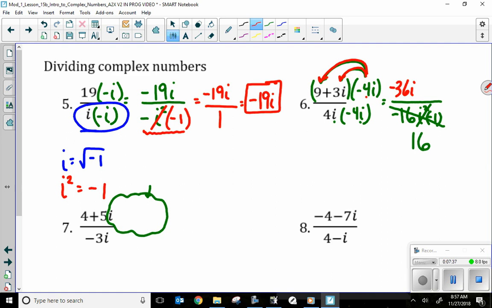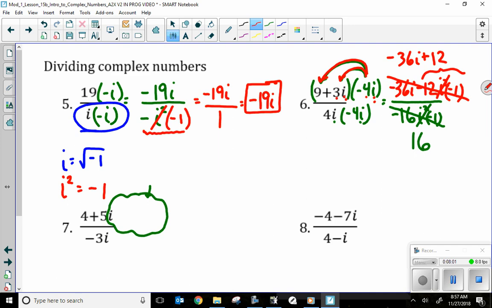Well, a negative 4 times a positive 3 is negative 12. I times I is I squared. We know I squared is negative 1, which means negative 12 times negative 1 is positive 12. And I still have negative 36i.